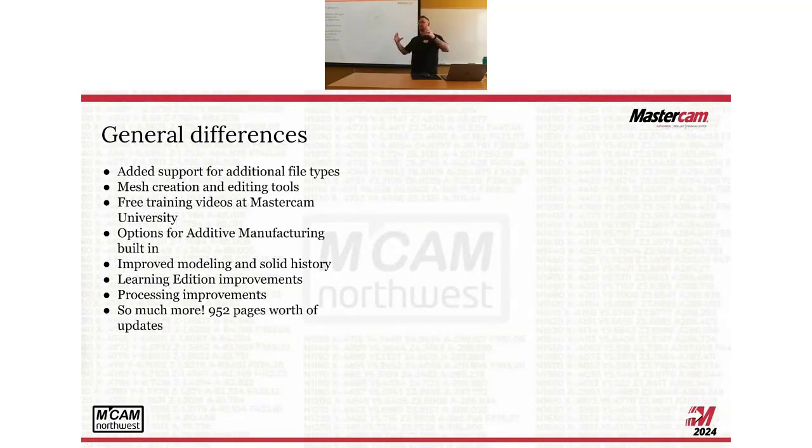I was building this OptiRough toolpath, and once it was all built and I was going to regenerate it, it took 31 seconds to regenerate that toolpath on that computer. Then I took the same program, moved it up to 2024 and regenerated, and it took 2 seconds. The processing is significantly better right now. So that alone could save you quite a bit of money just moving up.